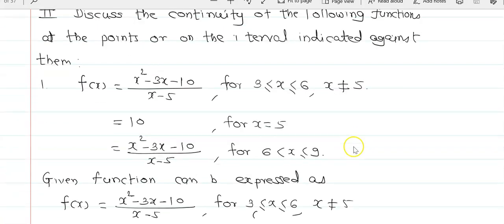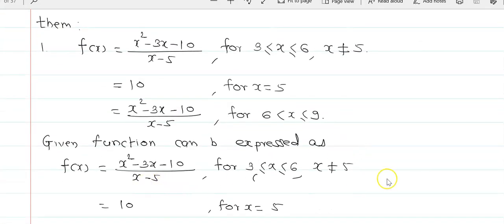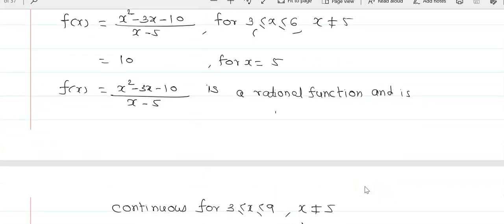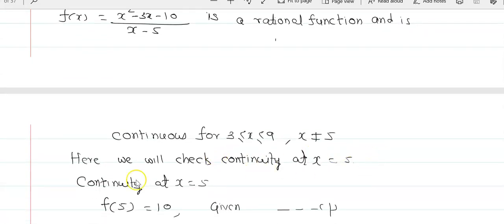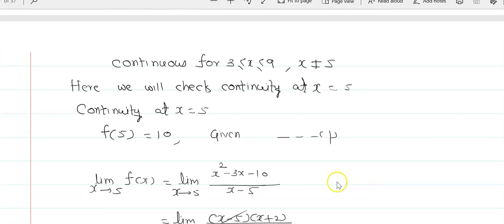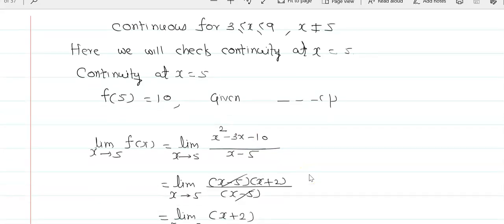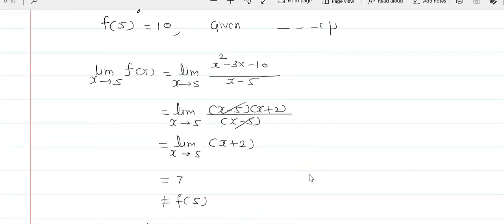Now we'll check it here. The given function can be written again. Therefore, we'll check the continuity at x is equal to 5. F of 5 is 10. We'll take the limit, that is the limit x tends to 5, x square minus 3x minus 10 upon x minus 5. Factorize it. Get the limit which is 7, which is not equal to f of 5.